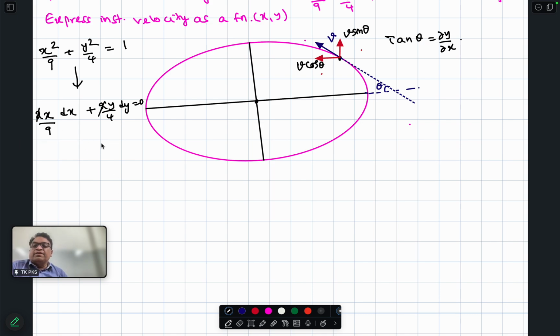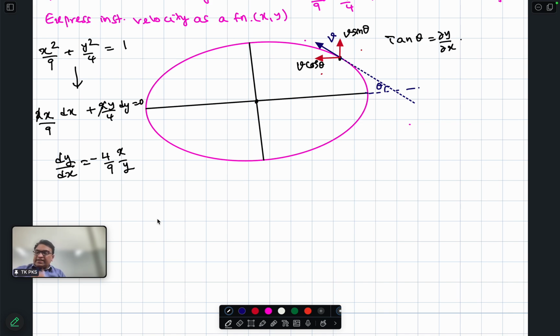Right. So now with this I can say that dy by dx can be written as minus 4 by 9 x by y.